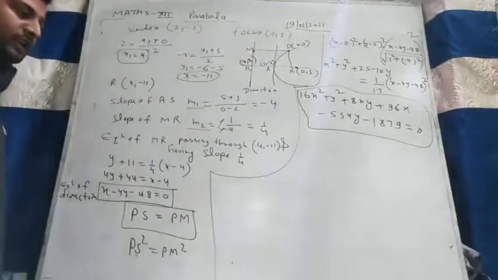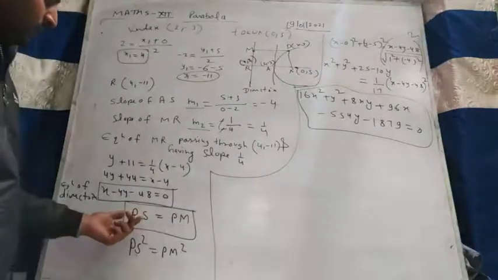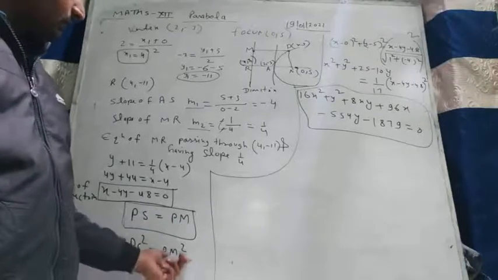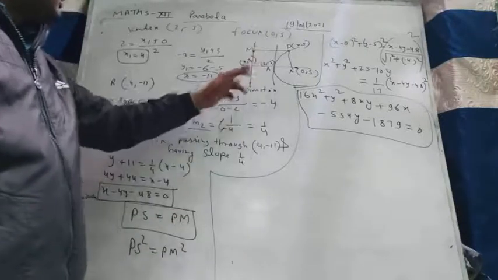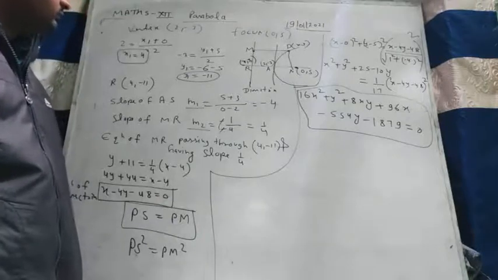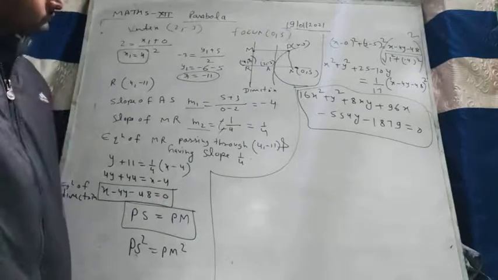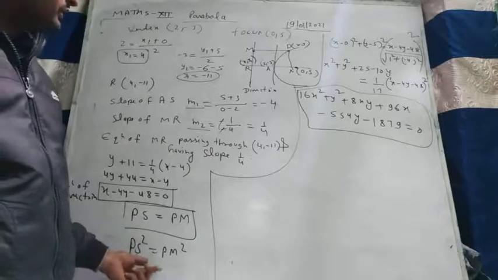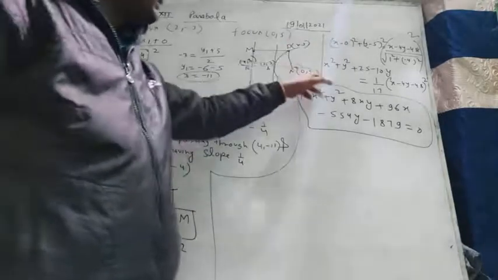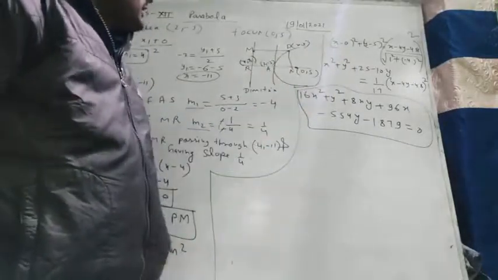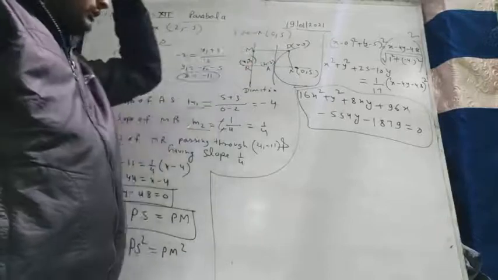And you know, student, that PS is equal to PM, so we write PS square equals PM square. Now we apply this concept and write x minus 0 whole square plus y minus 5 whole square, and this is our PM, which is the perpendicular distance.